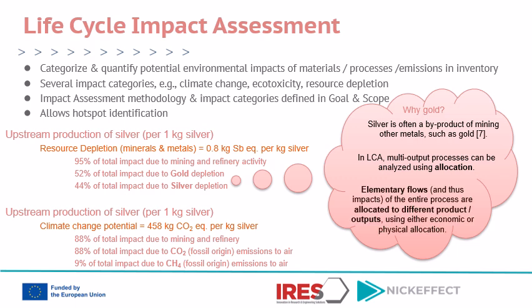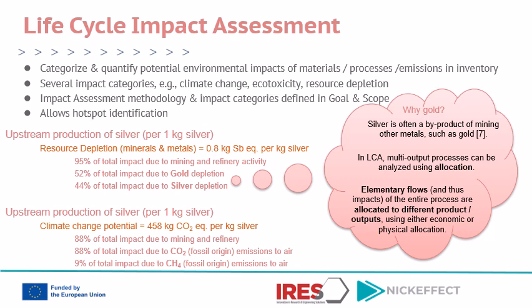So the elementary flows, in this case the resource depletion of the entire process of extracting gold, silver, and whatever other metal is included, is allocated to all the different product outputs, and that can be based either on the physical allocation method, so the higher the mass of a certain product output, the higher the share of impacts it carries, or economic allocation, so the higher the price, the value of a certain output, the higher the share of impacts it carries.